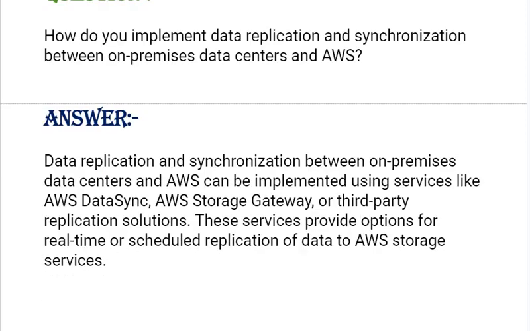Your answer should be: data replication and synchronization between on-premises data centers and AWS can be implemented using services like AWS DataSync, AWS Storage Gateway, or third-party replication solutions. These services provide options for real-time or scheduled replication of data to AWS storage services.